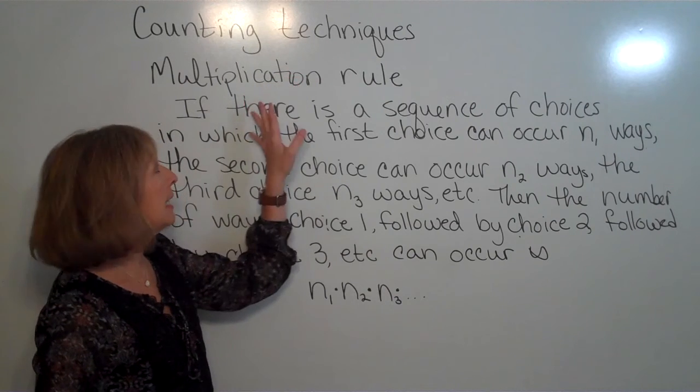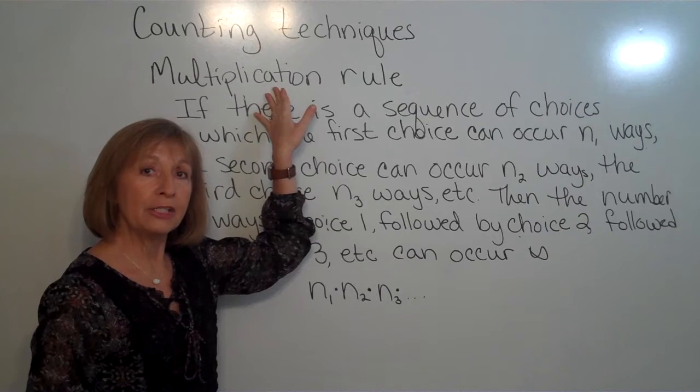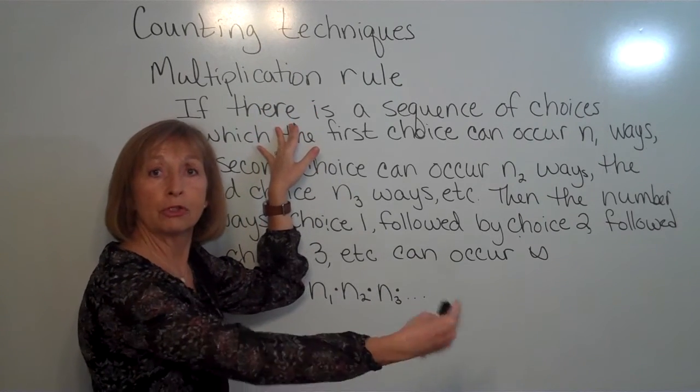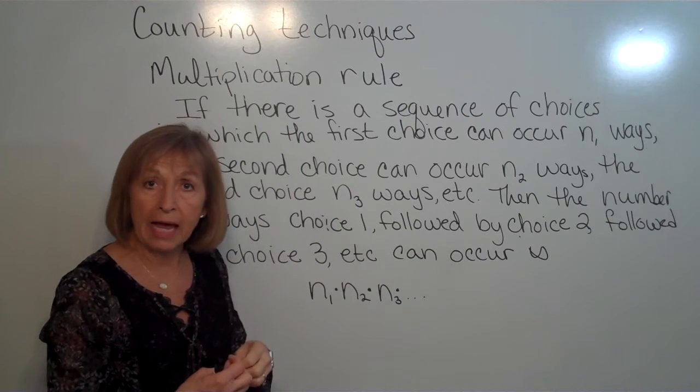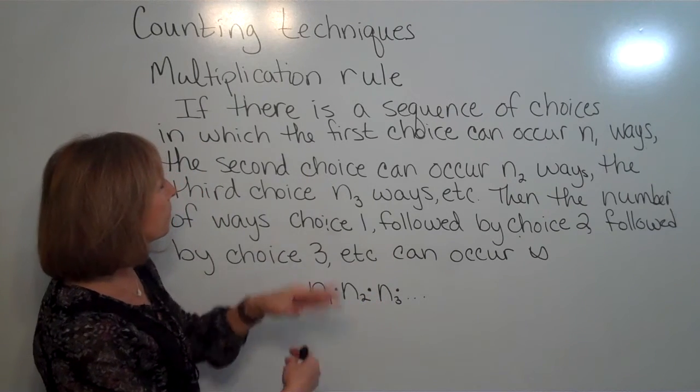So the first one is the multiplication rule of counting. With the multiplication rule of counting, you want to think if there's some sequence of choices that I'm going to make, or if I'm able to reuse items in the next phase of the choice, even if I've used them before.